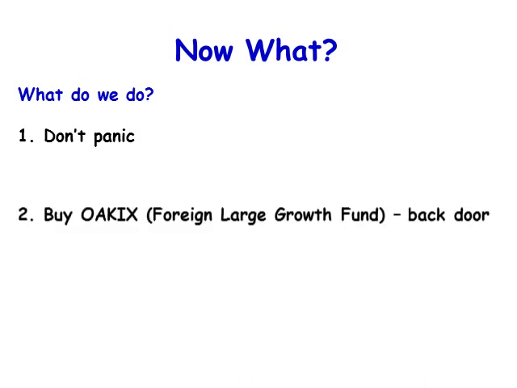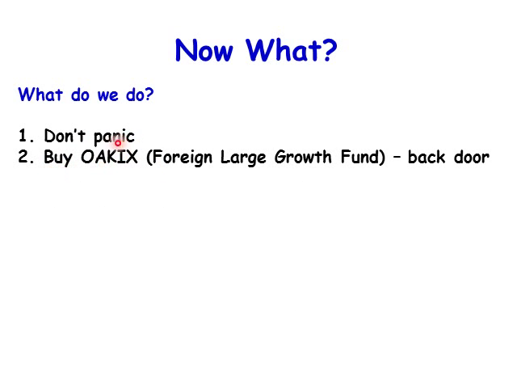Now what do we do? Okay, let's see what we do. First thing is do not panic. Second thing, buy Oakmark International, which is a large growth fund, and Tweedy Brown was a foreign large value fund, and backdoor entry is available, and I did buy that.